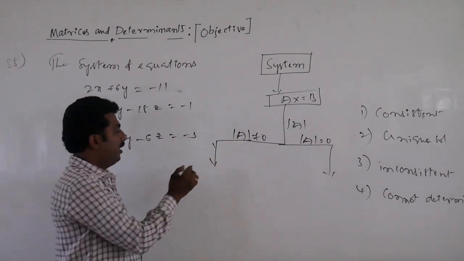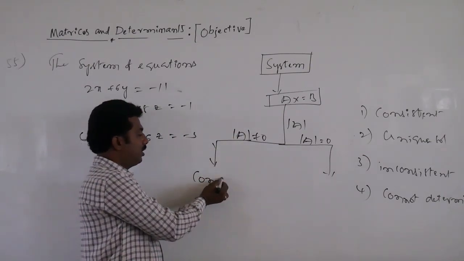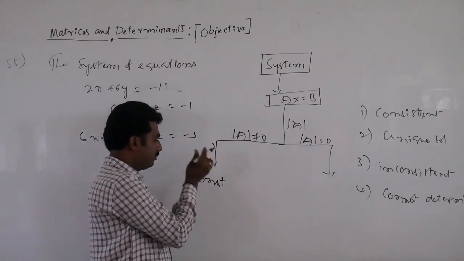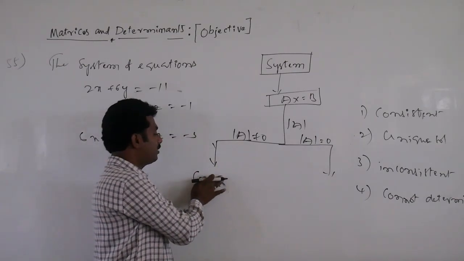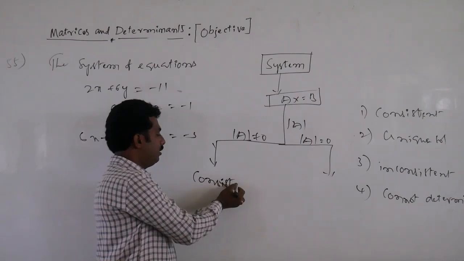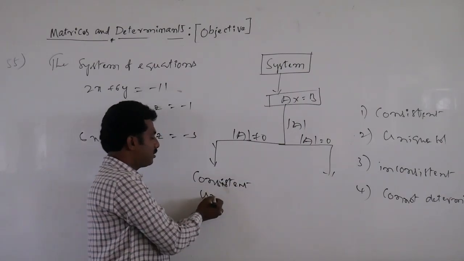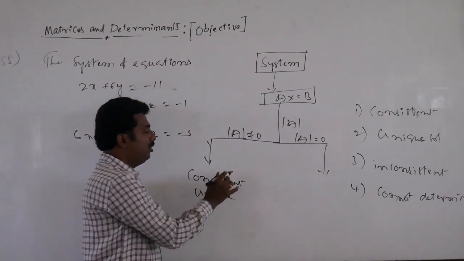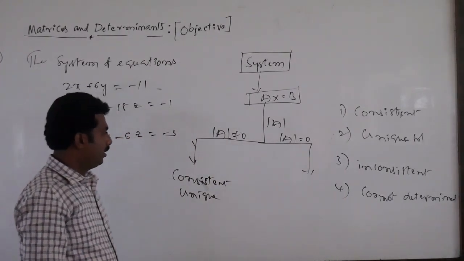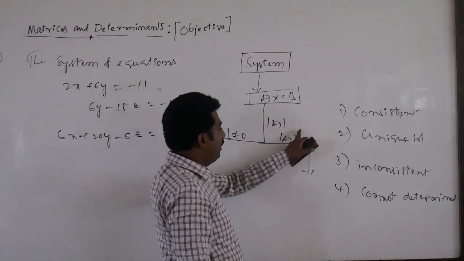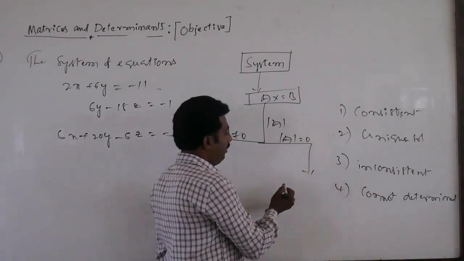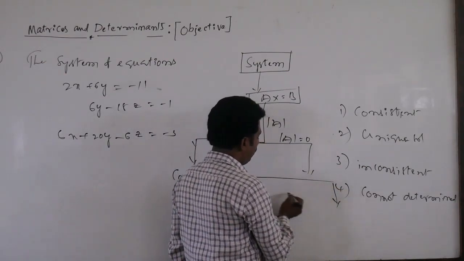So determinant of A not equal to 0 means the system is consistent. It has a unique solution. Determinant of A equal to 0 means again two cases we have to take.